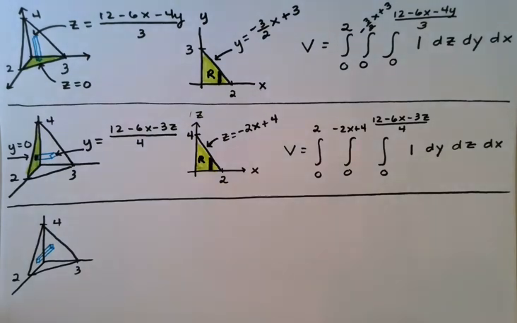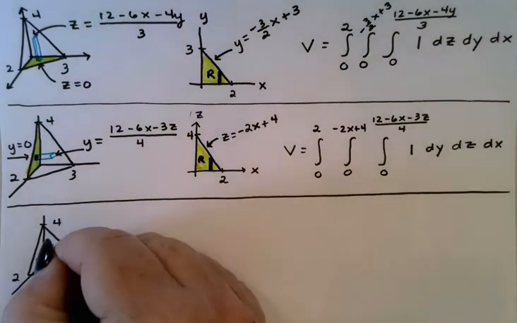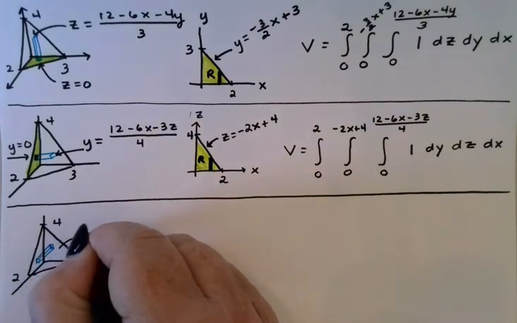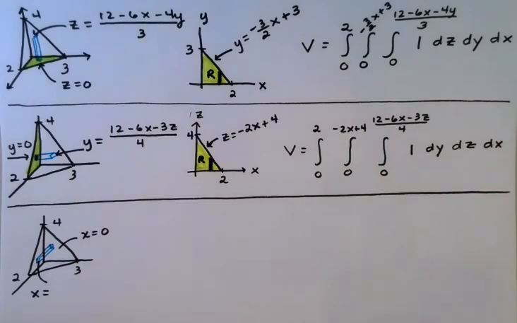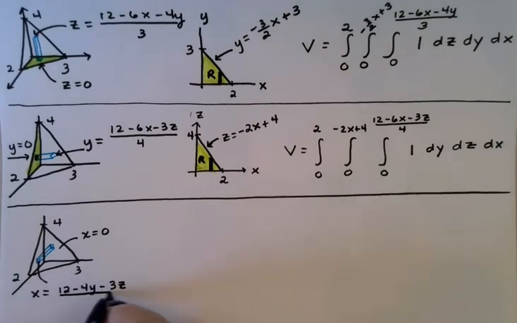Since I am going to be doing dx first, I'm going to think of this back part as x equals 0. And in the front, it's going to be, again, my same equation, but solved for x. So I'd have 12 minus 4y minus 3z divided by 6.